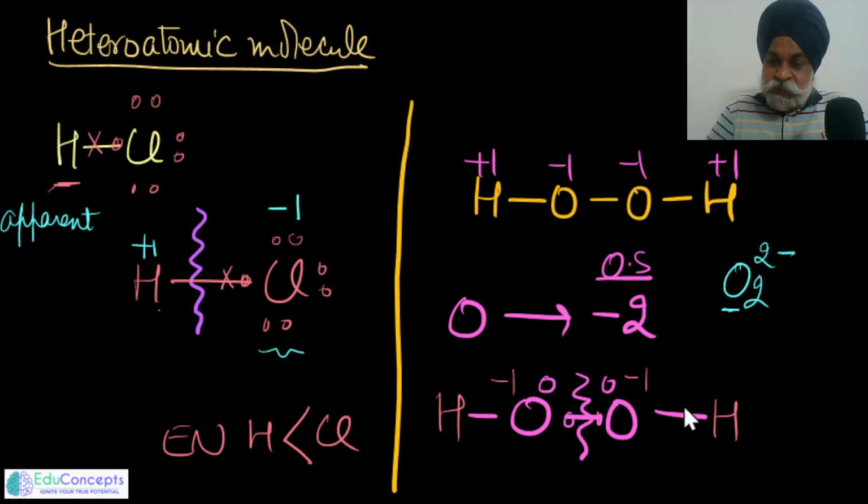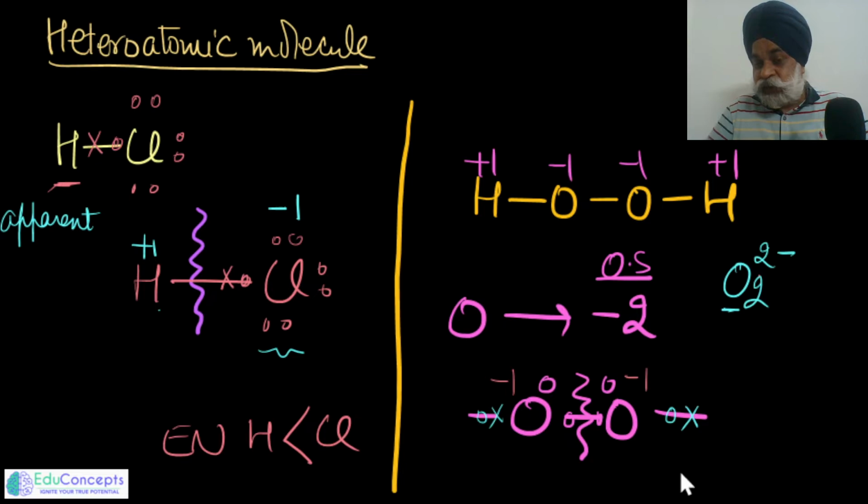So basically this is dot, this is cross, this is dot, this is cross, and you have taken out 2H. This H went out, this H has gone out as H positive. So this cross, which was of hydrogen, would now appear as a complete actual charge.